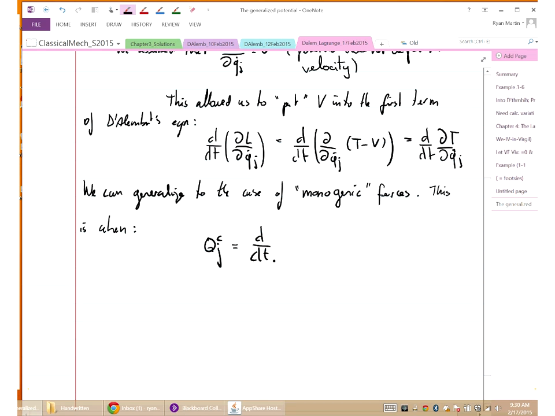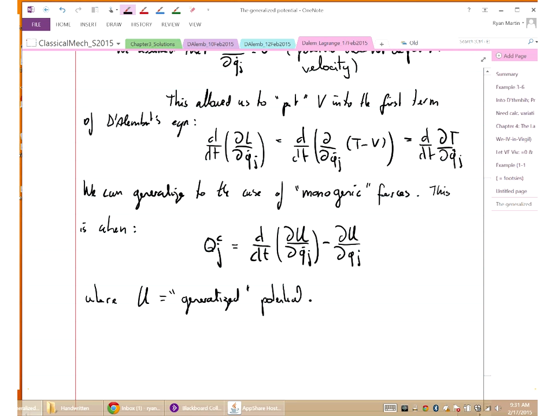So we say that it's monogenic when the generalized force is given by d/dt of ∂U/∂Qj dot minus ∂U/∂Qj, where U is equal to what we call the generalized potential.